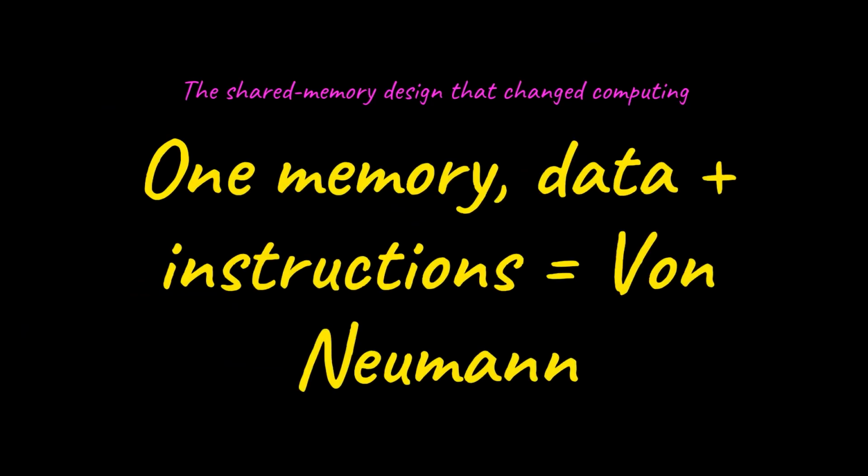Whenever you see a description of input and output devices, a CPU with a control unit and ALU, and a single shared memory for both data and instructions connected by buses, that is von Neumann architecture, the stored program design underlying modern computing.